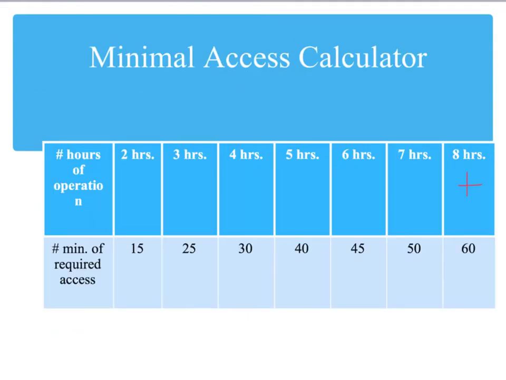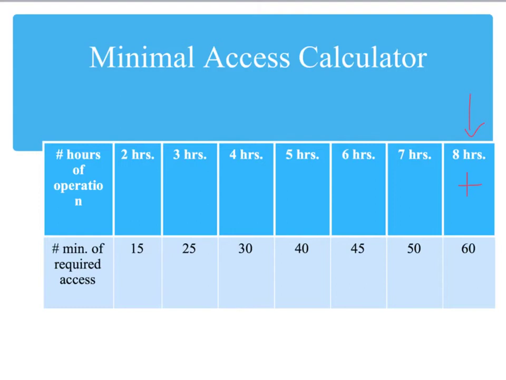This calculator is much simpler than the substantial portion of the day. Basically, once you have figured out how long your center is open, all you have to do is look and see what's the corresponding number of minutes that children should have access to the centers. If you look in this last column, this is for centers that are open from 8 hours on.